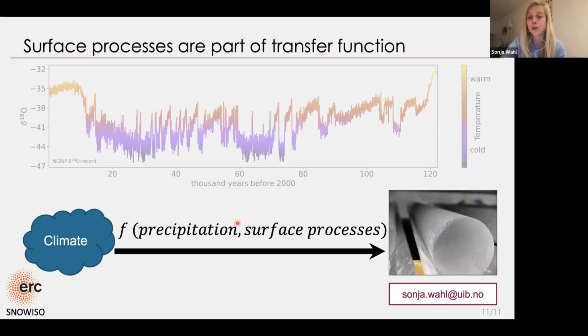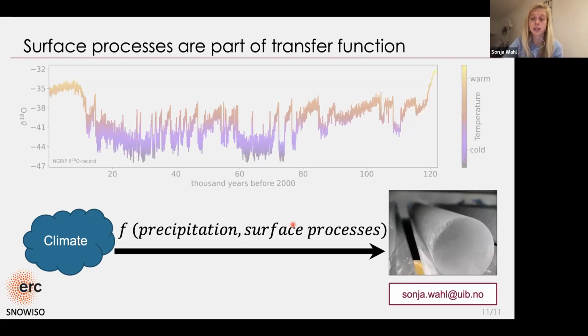Whereas if you have surface processes that happen continuously and imprint on the snow isotopic composition, the ice cores can be more of a continuous climate record, which would basically mean they are an even better archive.